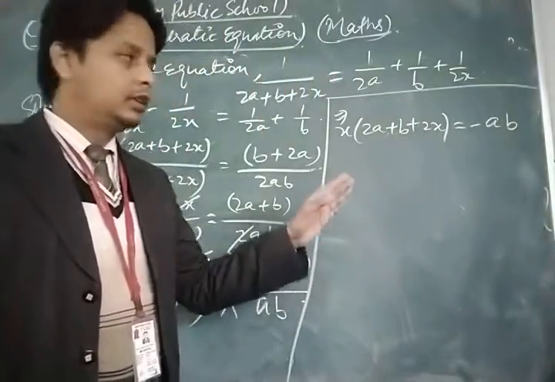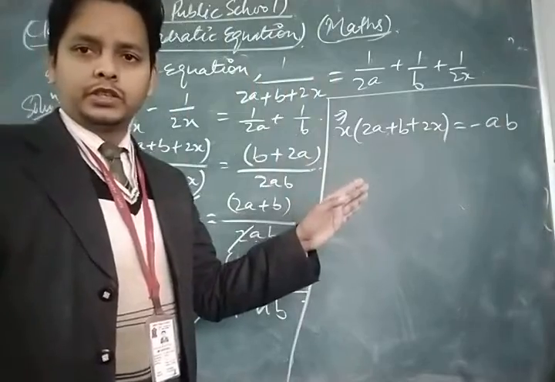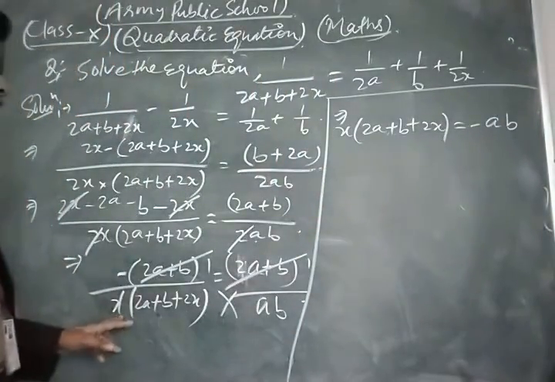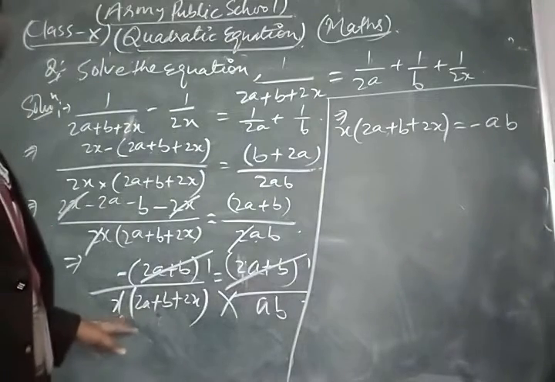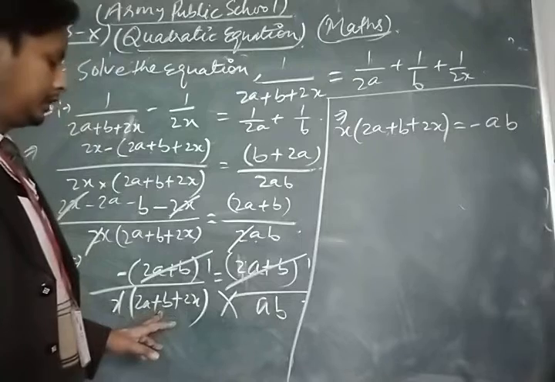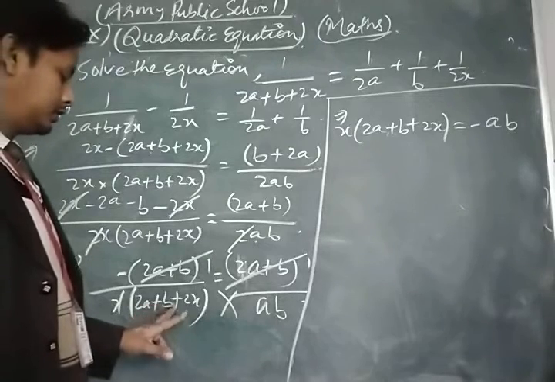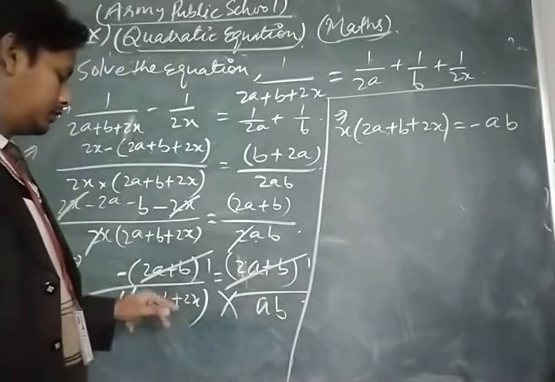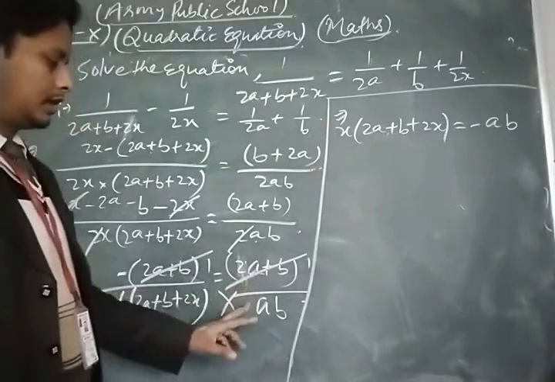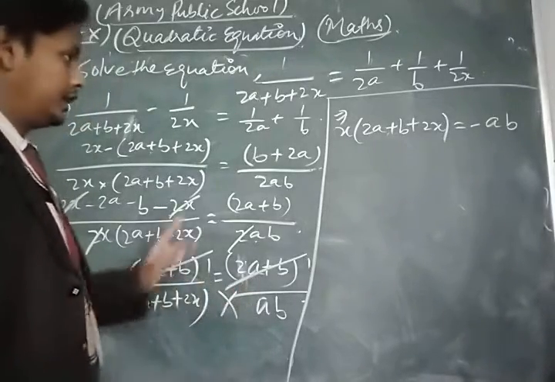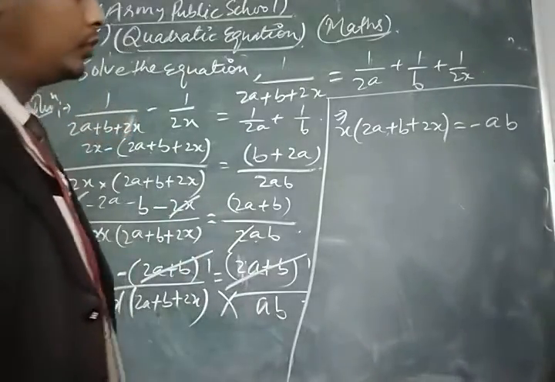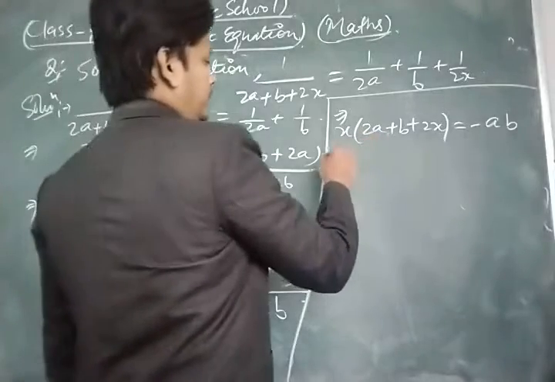After doing cross multiplication, dear students, we get what? Look, x into 2a plus b plus 2x is equal to minus a into b. Now we do the multiplication.